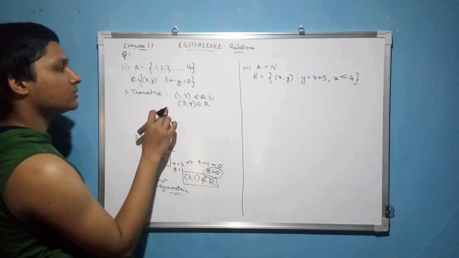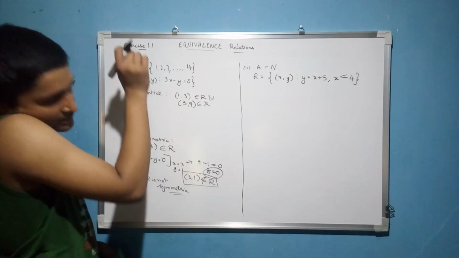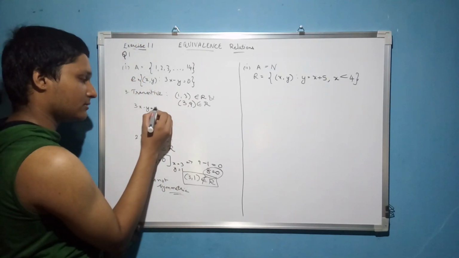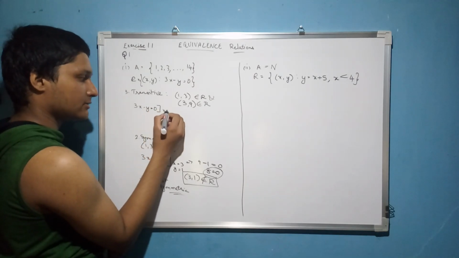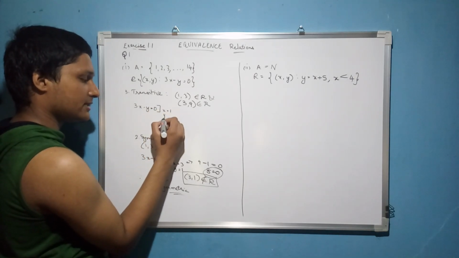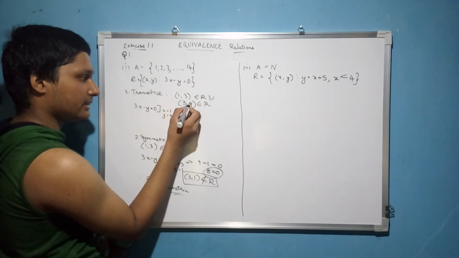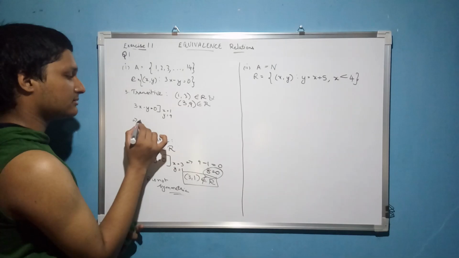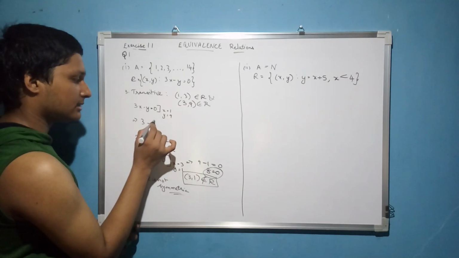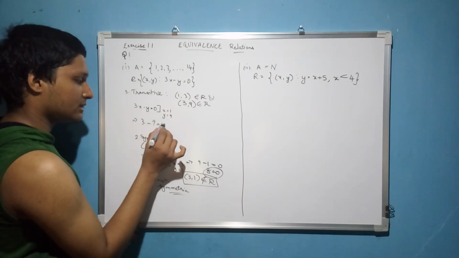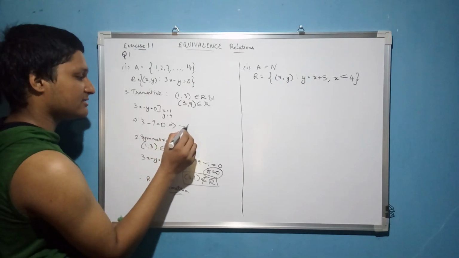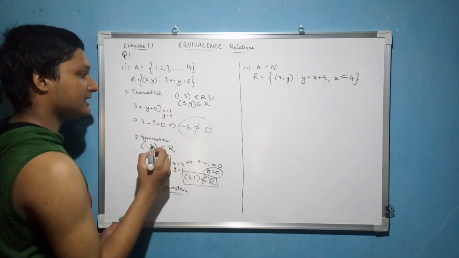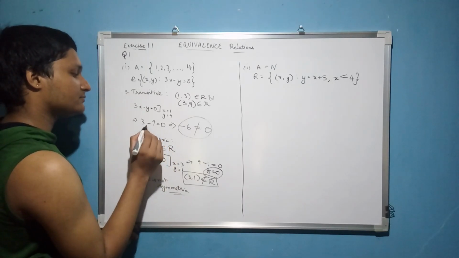So I need to get whether (1, 9) is one of these. 3x minus y is equal to 0, x is equal to 1, y is equal to 9. Substituting, 3 into 1 minus 9 is equal to 0. 3 minus 9 is minus 6 equal to 0, some nonsense result I am getting.